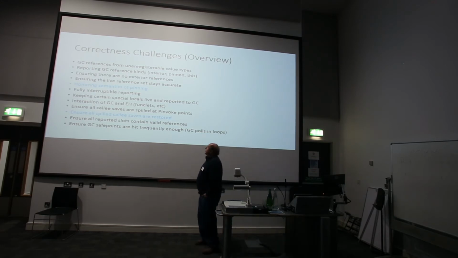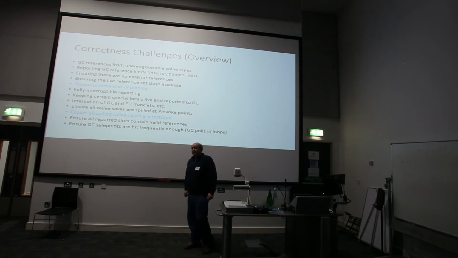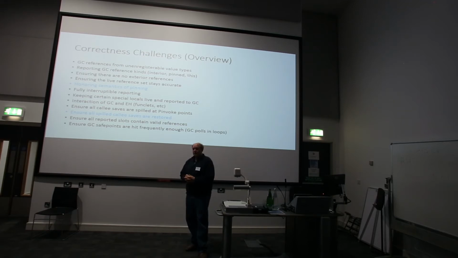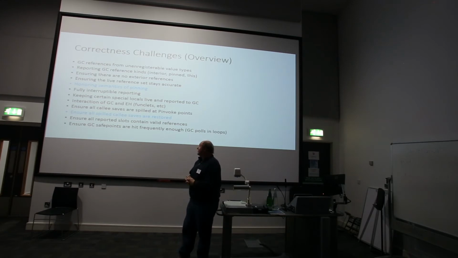I talked about sometimes having things that we can't have in registers. We need to report the kind. We need to make sure that nobody ever points off the end of an object. This is something that we're still kind of nervous about. We'll have to see; optimizers sometimes want to do funny things with pointers and point below or above arrays and things like that that streamline code gen. Pinning, which I'll talk more about in a second.